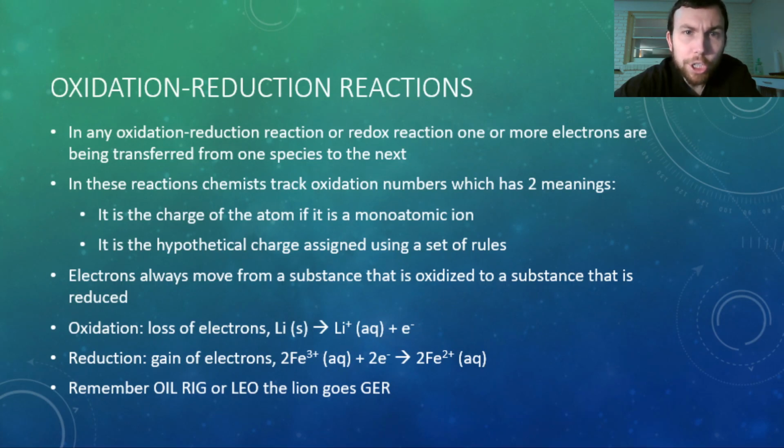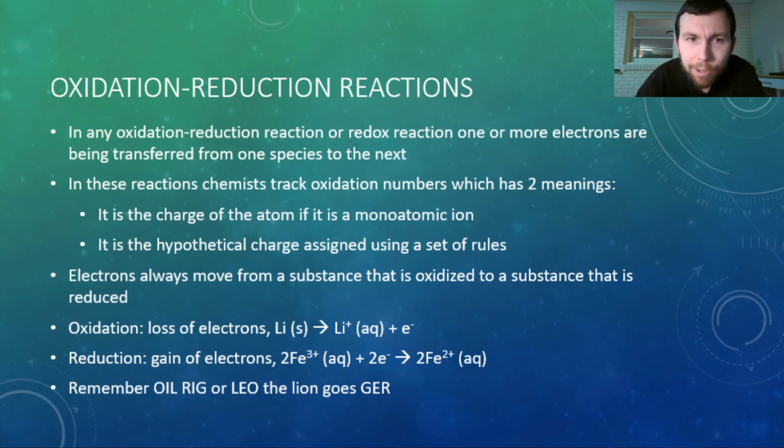GER, gain of electrons, reduced. So you've got OIL RIG and you've got LEO the lion goes GER. Whichever one can help you remember and help you separate out those two, use that. I think it's helpful. I've used it. My high school chemistry teacher shared that with me, and here I am passing it on to you. So hopefully it continues. All right, so that's oxidation reduction reactions in a nutshell.